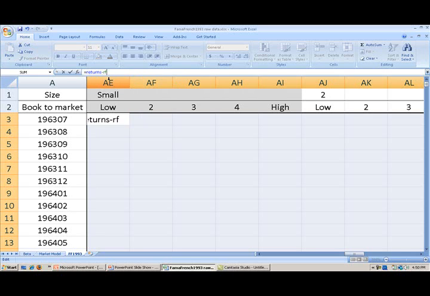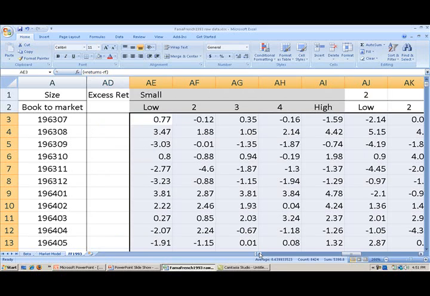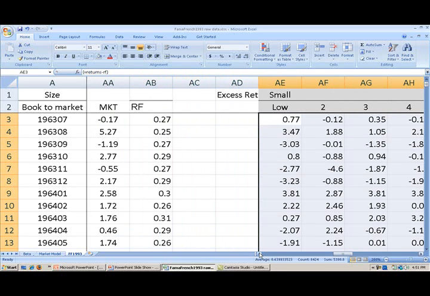Do not press enter. This is going to be what we call a matrix operation, so we're going to press Control, Shift and Enter, and Excel will automatically calculate excess returns for all the portfolios immediately. So Control, Shift, Enter. Excel has now calculated all the excess returns. And you can check this manually if you would like. So, for example, let's take the low portfolio.